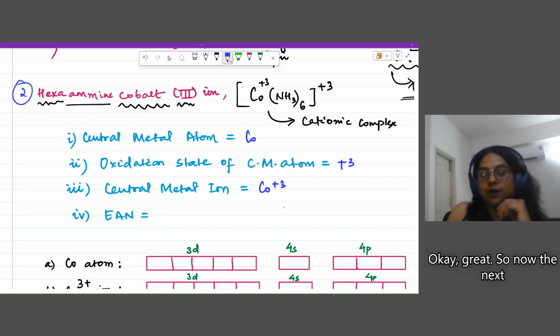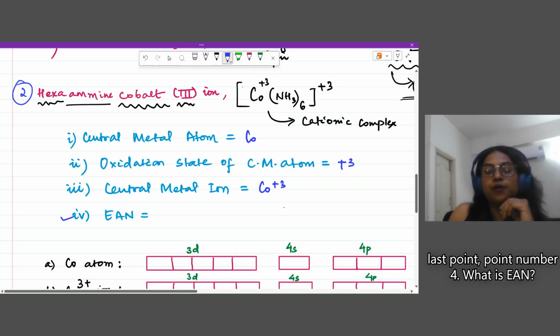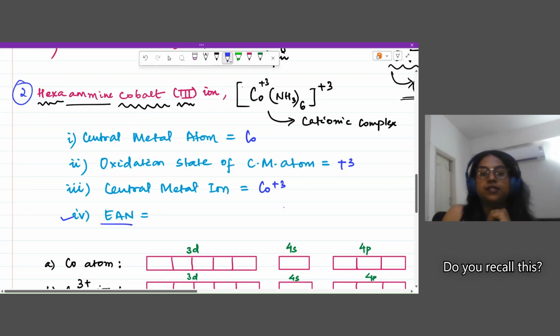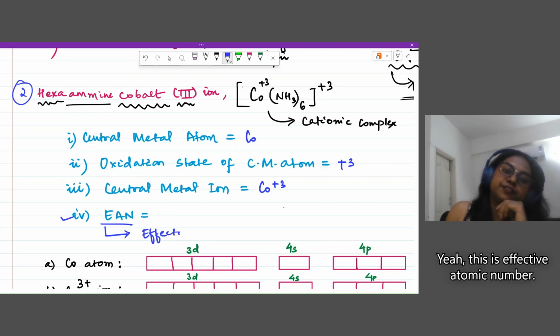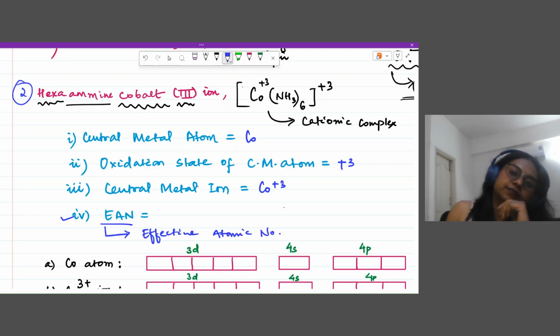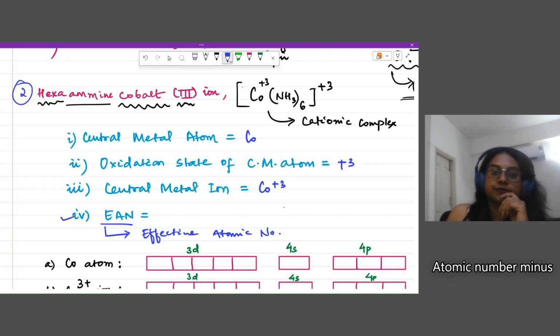So now the last point, point number 4, what is EAN? Do you recall this? Effective atomic number. Yes, this is effective atomic number. How do we calculate that? Atomic number minus oxidation state plus the electrons donated by the ligands. Great.